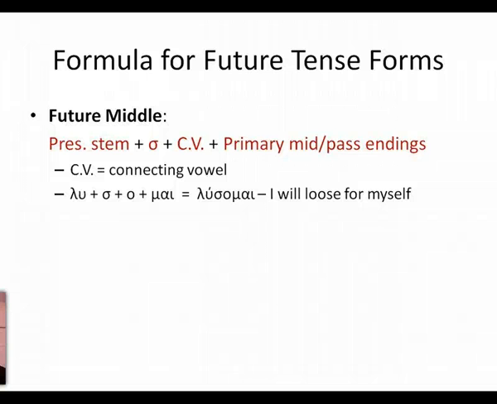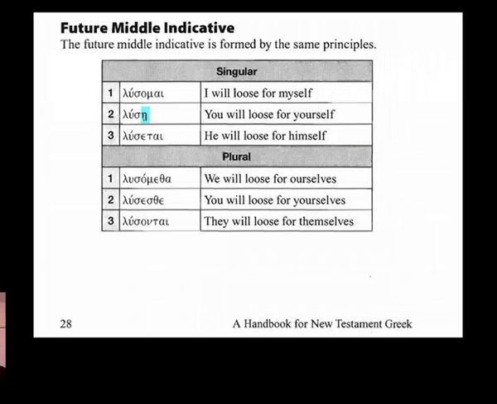So that would be lu, sigma, omicron is the connecting vowel when the ending begins with a mu or a nu. So we get lusomai. One more time, just reminding you that second person singular here is luse. It's not lusese, it's luse. You will loose for yourself. So the forms of the future middle: lusomai, luse, lusetai, lusometha, lusesthe, lusontai.